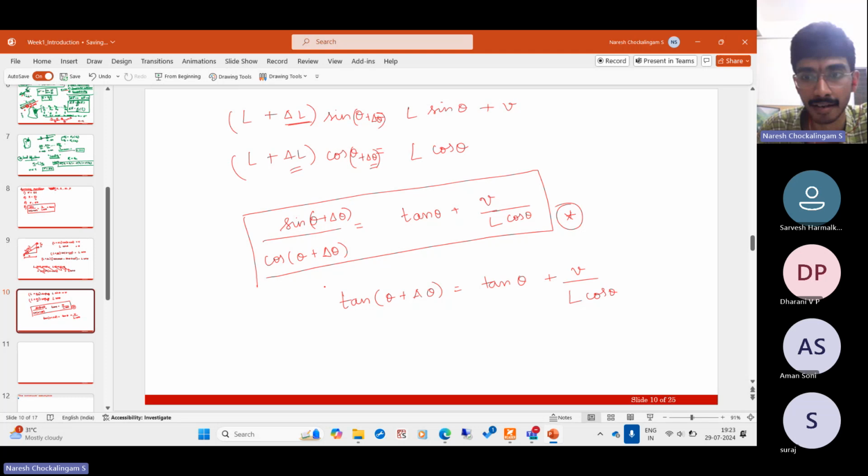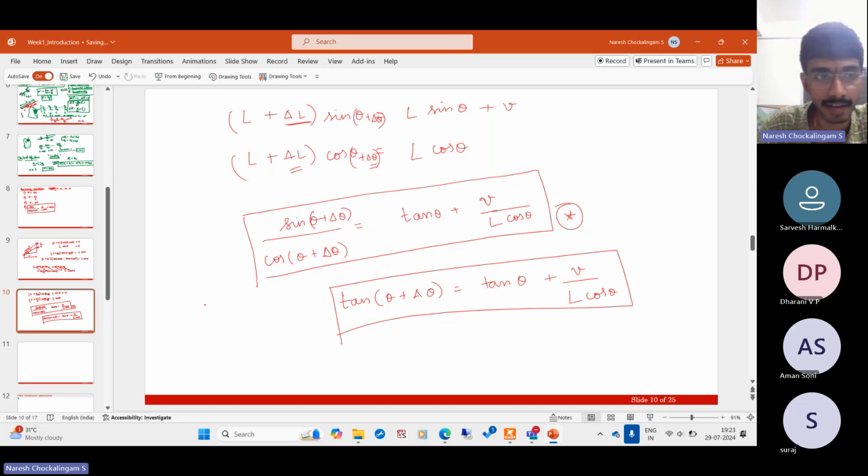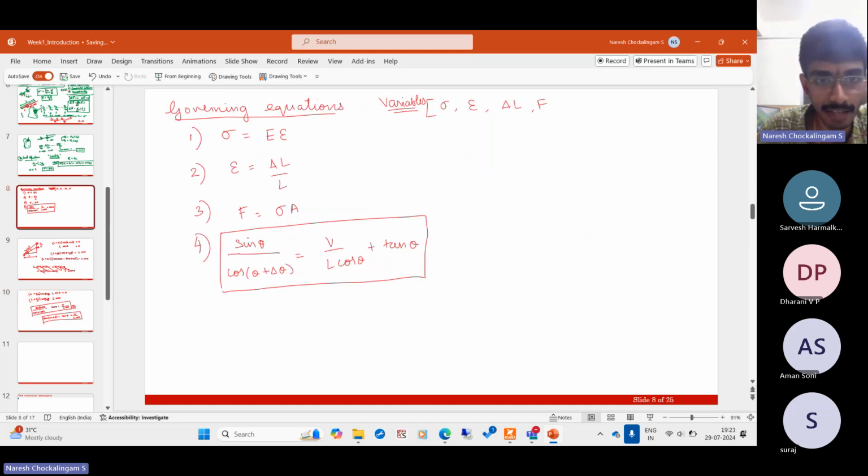This is fine. Thanks. Yeah, this is the right compatibility. So this is actually sine theta plus delta theta. Okay, so yeah, this is the full compatibility relationship.